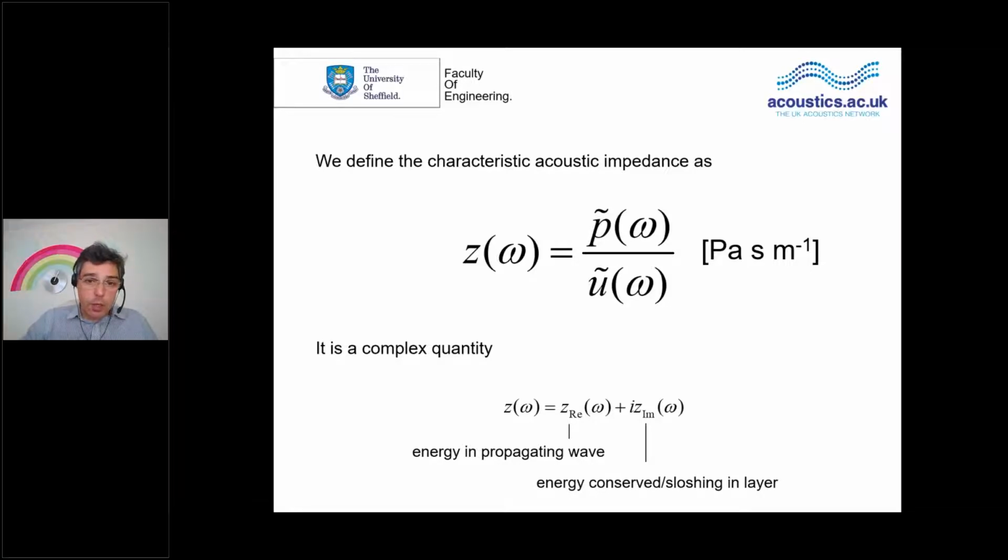And this acoustical impedance is a complex quantity. It has a real part and an imaginary part. The real part of the acoustical impedance is mainly to do with the propagating sound wave, or energy propagating in space. Whereas the imaginary part is something which is sloshing around in a porous layer, or something to do with attenuation, not propagation. The unit of this quantity is pascals times second divided by meter, Pa·s/m.